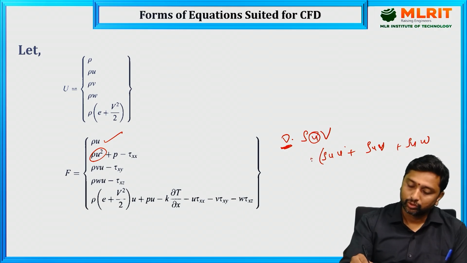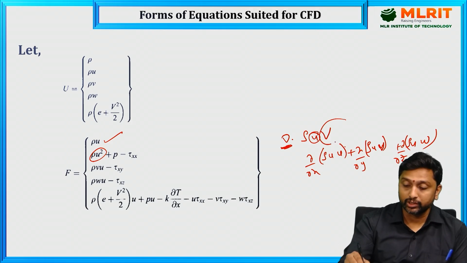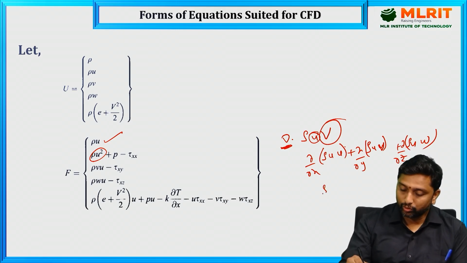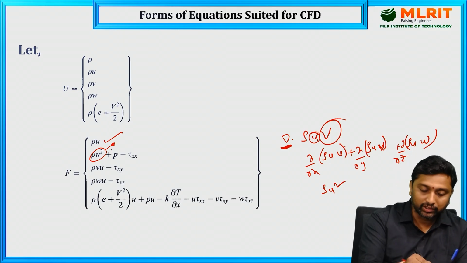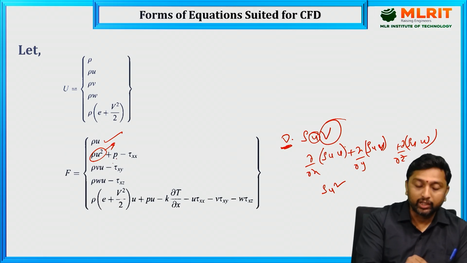This is dou by dou x, this is dou by dou y, and this is dou by dou z, because we are going to consider only this as the variable velocity. So rho u u is nothing but rho u square. On the left hand side you had this rho u square, right hand side you have p and tau.